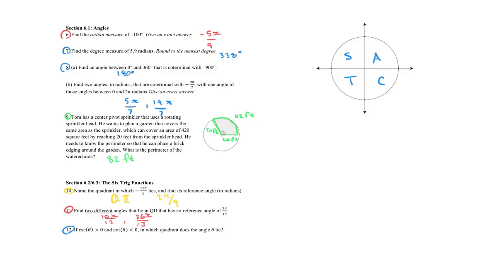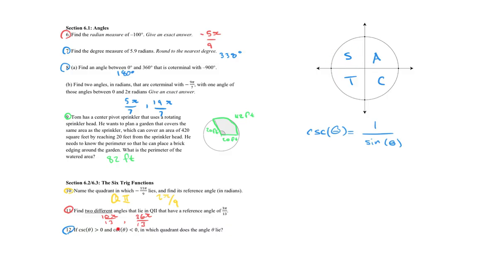And we can always remember that cosecant of some angle theta is the same thing as 1 over sine for that angle. So if we look for wherever sine is going to be positive, we can see where cosecant is going to be positive. That's going to be this quadrant right here, quadrant number 2.